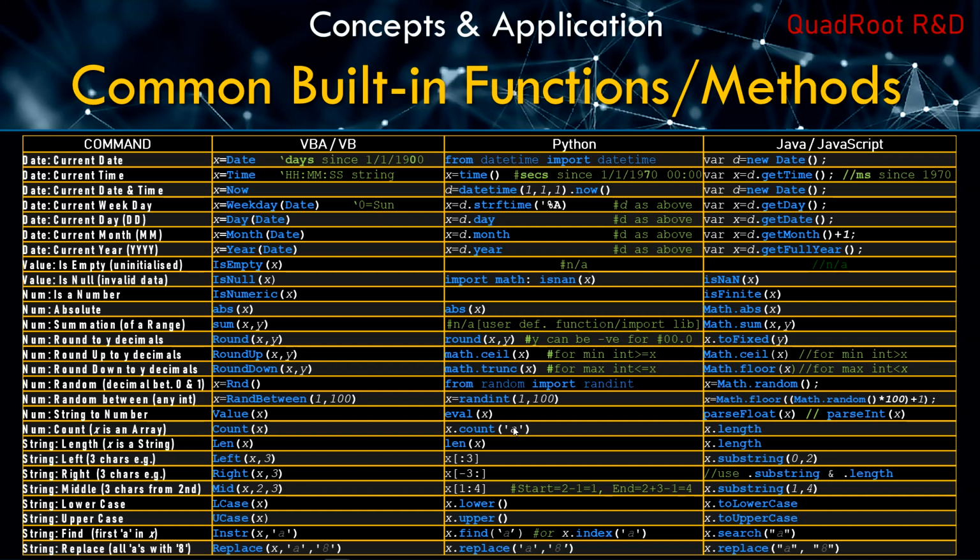So in America, how many A's? You can count that. There it'll find 2 A's. You can find the length of an array using x.length, which is similar to count. So you can count the elements of an array using the dot length.